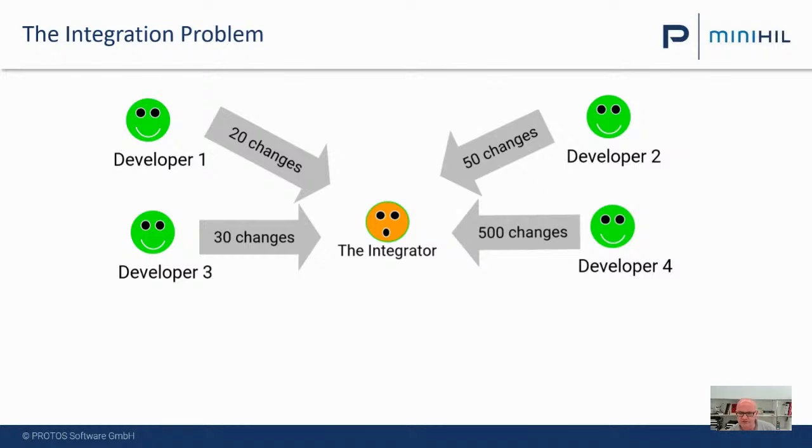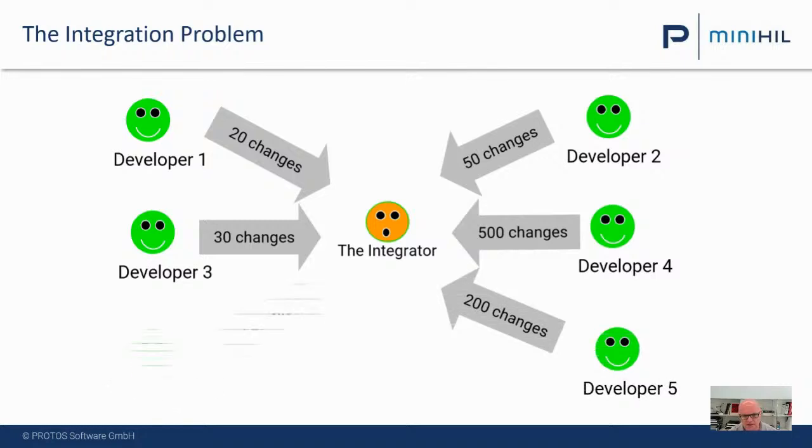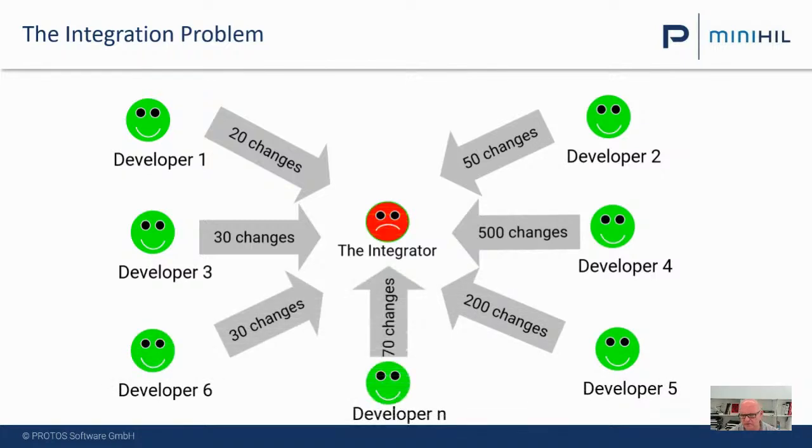And suddenly you have a developer that developed for, I don't know, months maybe, and is committing all the changes at one time, or pushing. So the integrator already gets in trouble here, and he receives more and more changes and needs to integrate and test them maybe. And that's integration hell.